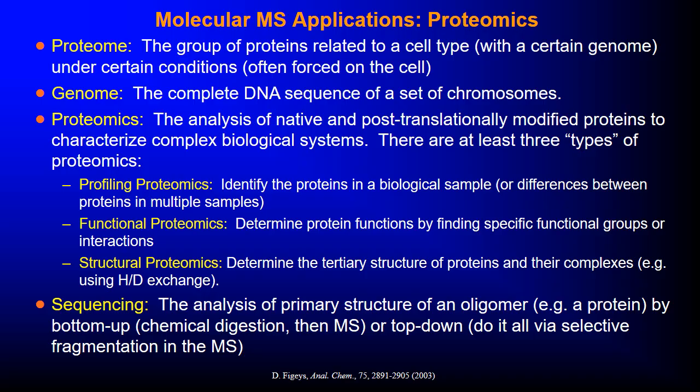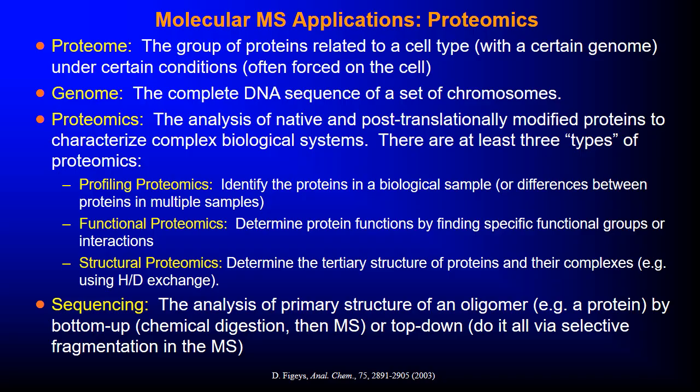Profiling proteomics identifies the proteins in a biological sample. Functional proteomics determines protein functions by finding specific functional groups or interactions. Structural proteomics determines the tertiary structure of proteins and their complexes.